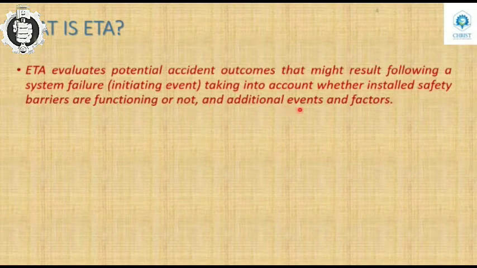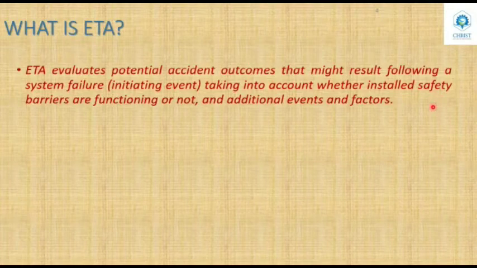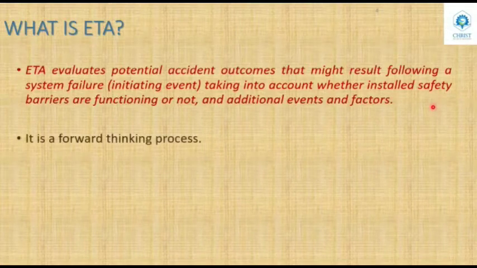The sprinkler is the basic structure or the base of this ETA in the case of a fire breakout. It is a forward thinking process: the sprinkler acts only after the fire breakout, so it is just forward of the fire breakout.